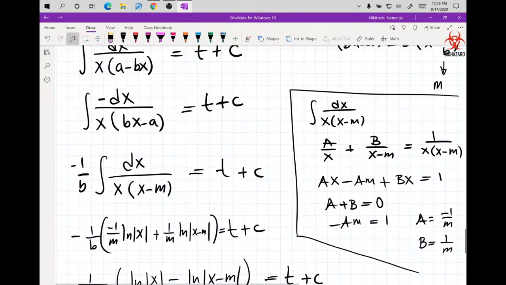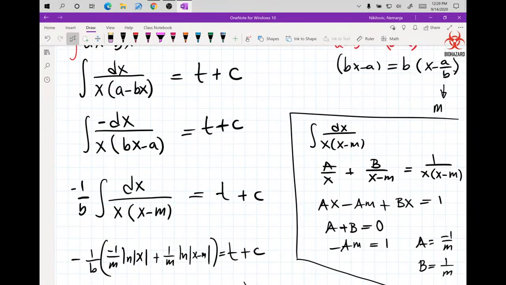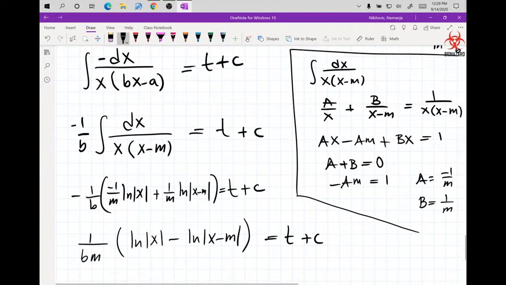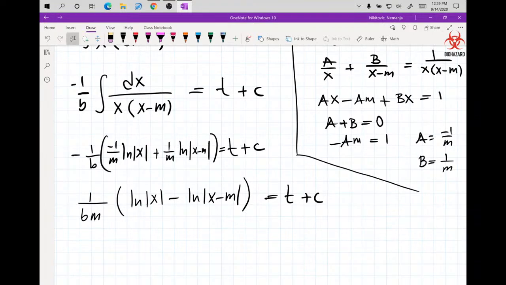So remember that your m was a over b. That's what we defined it, so we don't have to drag this a over b and do the denominators and all that nonsense. So now I can bring back a over b and cancel b.